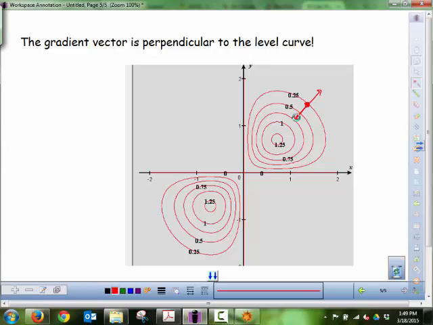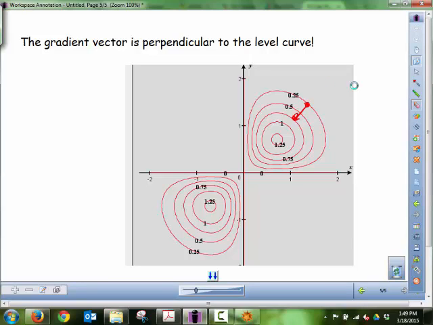So which one should the gradient be? In this case, I think the gradient would be going this way. Out of the two possibilities that we had, it would be going this way.